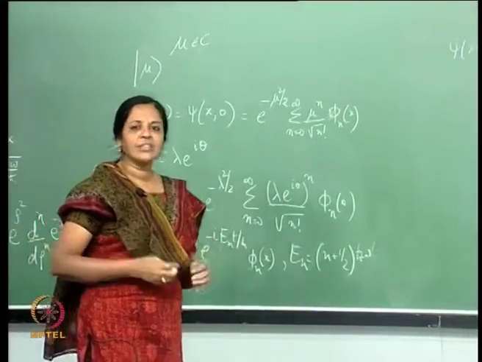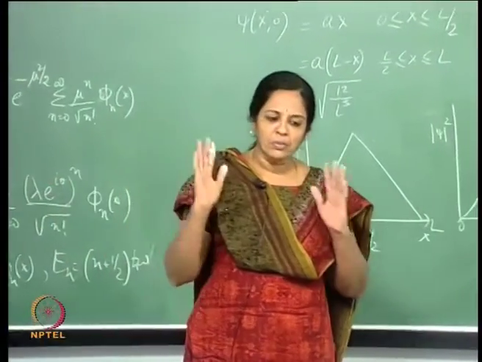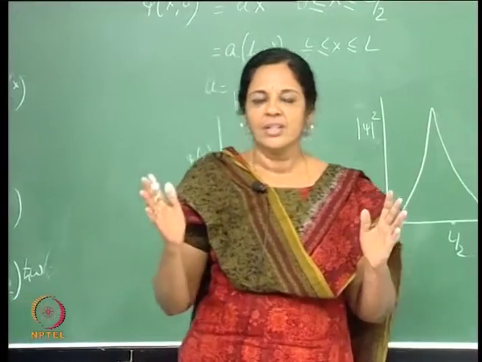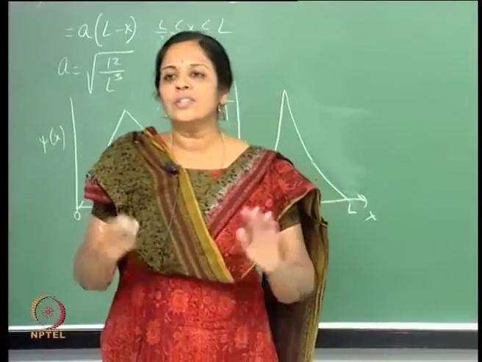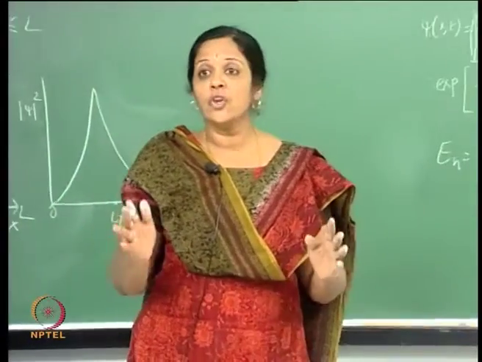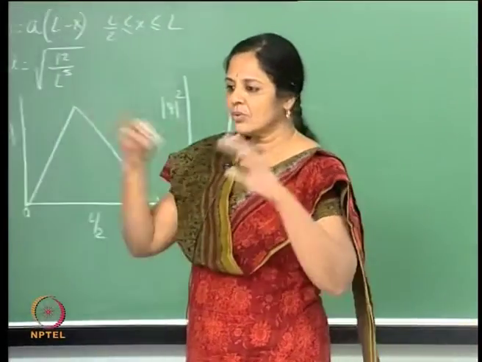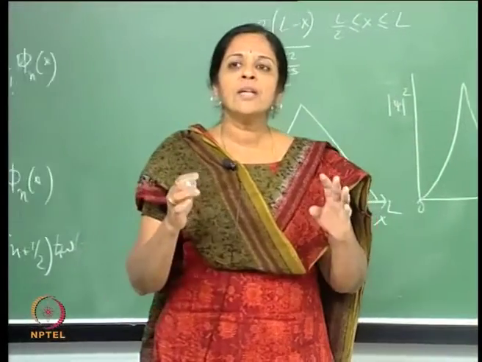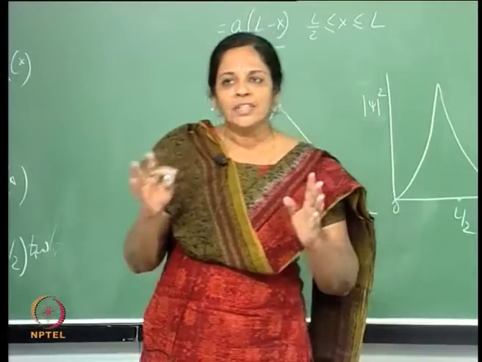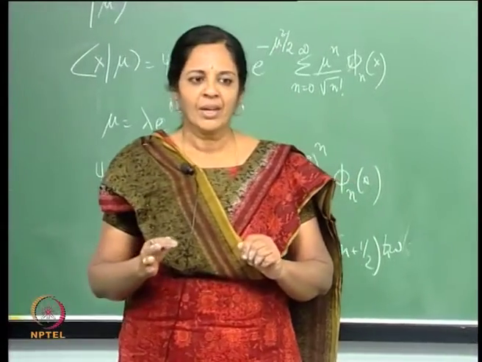Now in general several things can happen. A coherent state, in other words in this case a minimum uncertainty state, a Gaussian, need not continue to be a Gaussian in general. Therefore it need not be a minimum uncertainty state for all times, and it could do anything. It could simply be a very complicated looking object as a function of space and time.